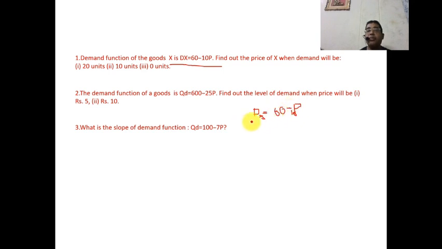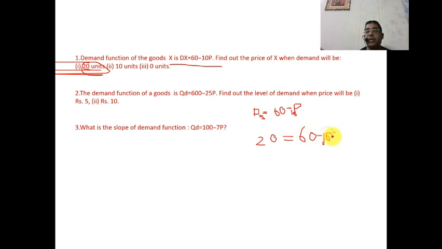Now put the value of 20 units, and we have to find the price. So we put 20 equals 60 minus 10p, because ultimately we have to find the price.